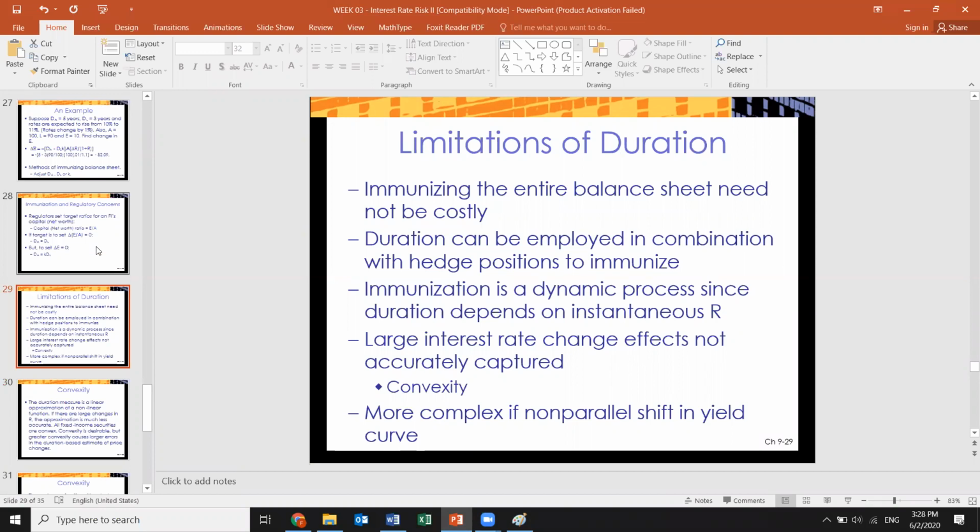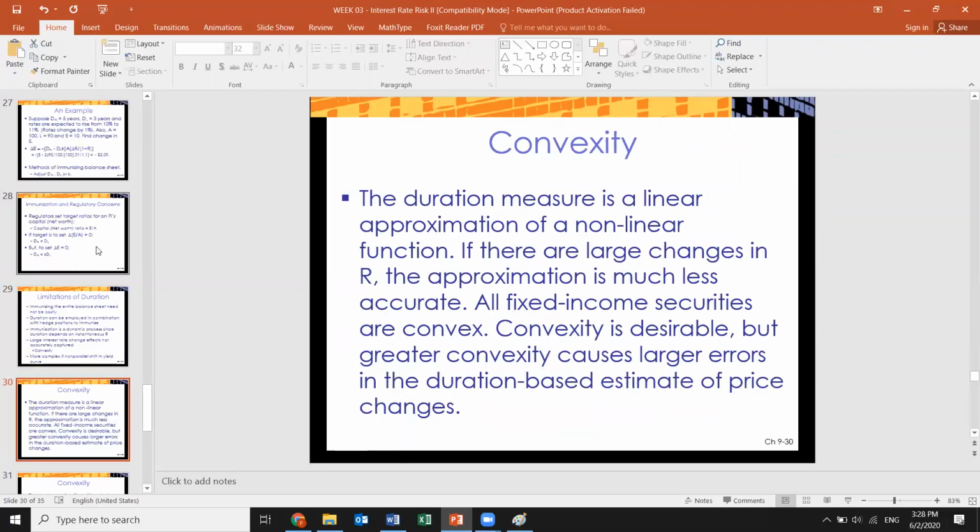So the problem with duration is that it does not include the convexity. That's why the convexity should be taken into consideration while calculating. As I said, the duration is the measure of the linear approximation of a non-linear function.